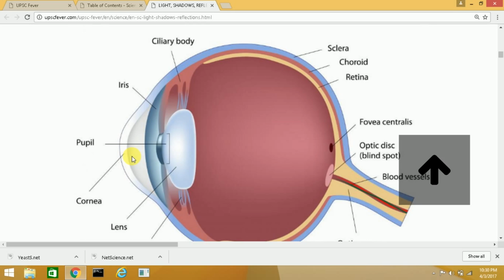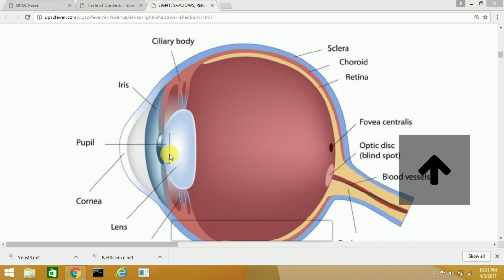The transparent coating is known as the cornea, and there is also the iris which lies behind the cornea. It is this iris that gives the eye its color. The iris has a small opening called the pupil, and the iris controls the amount of light entering the eye.